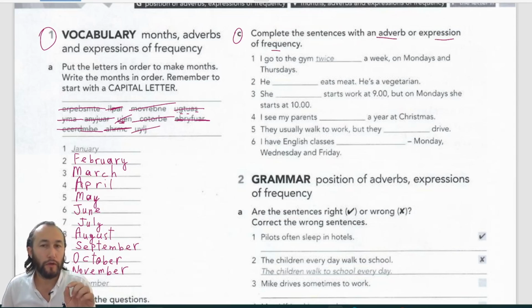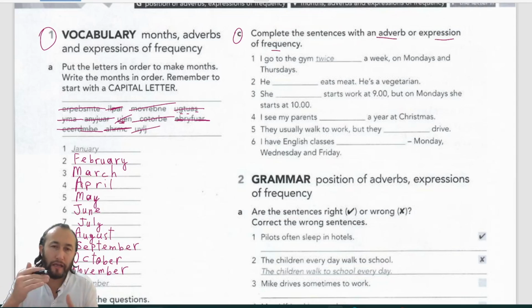One word. We've got one adverb of frequency, hardly ever. There are 2 words, but this is an exception. So hardly ever is an adverb of frequency, not an expression. So an expression of frequency, let's say, starts with 3 words. And because there are 3 words, we usually use them at the end of the sentence.